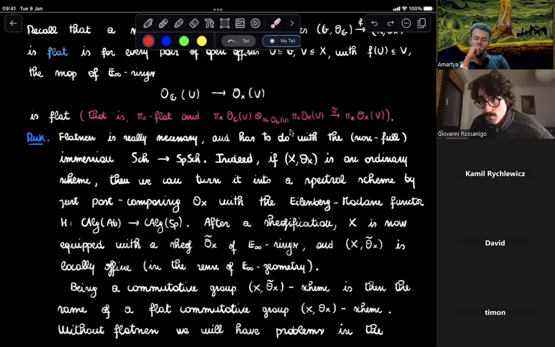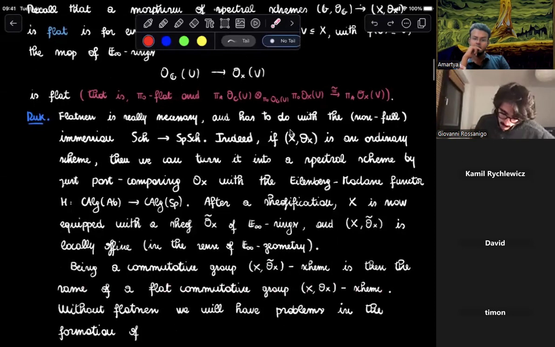But spectral schemes are exactly constructed so that this inclusion is not fully faithful. The point is that this map is not full in general. And the fullness is something maybe related; I always like to see it from the point of view of intersection theory. But the point is that when we look at commutative group schemes over a spectral scheme which is obtained from an ordinary scheme, then the notion of group scheme is exactly that of flat commutative group scheme.